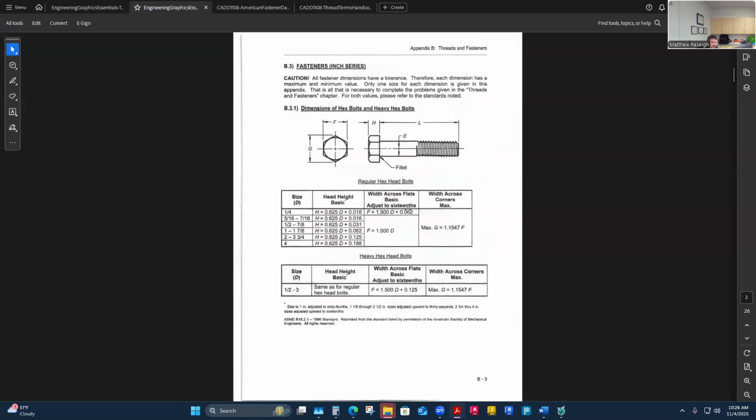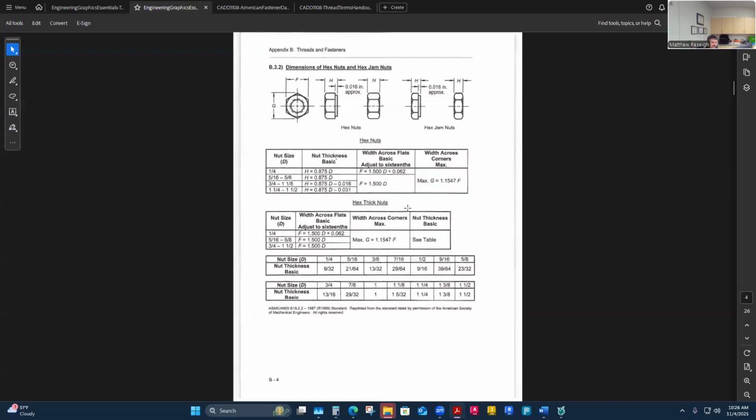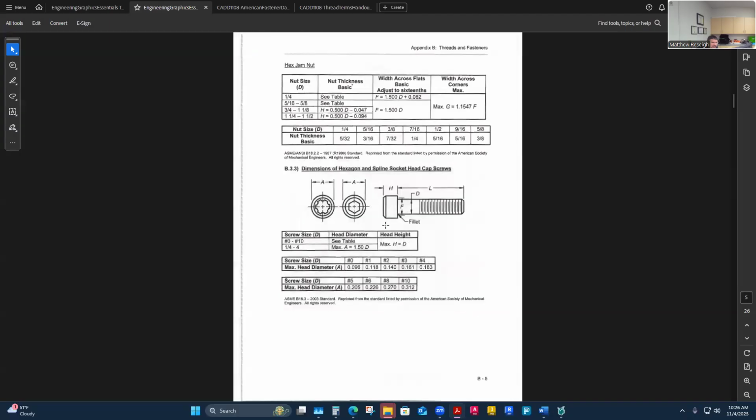There's the one we used, then it went down to the nuts, which we're not doing yet, and then to the next page, page 5 of the PDF, is hexagon and spline socket head cap screws. But this is probably where I'm going to pull my data from, this particular data sheet. So let me go back.